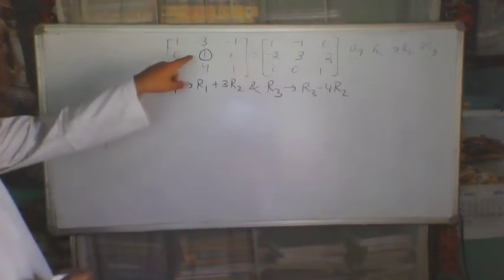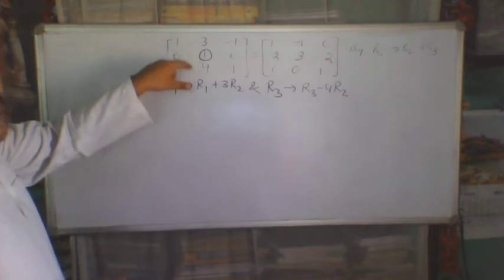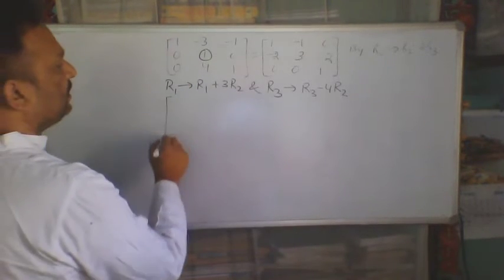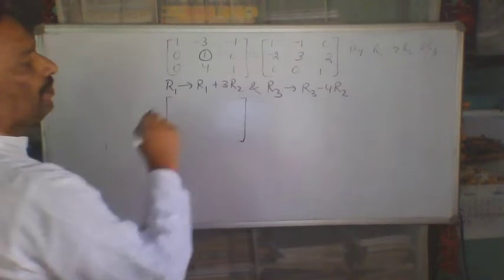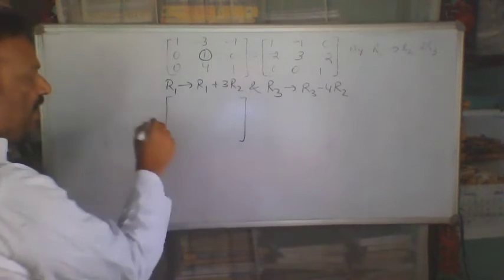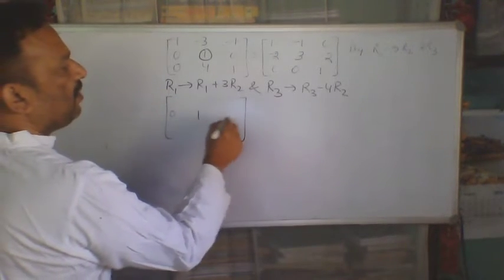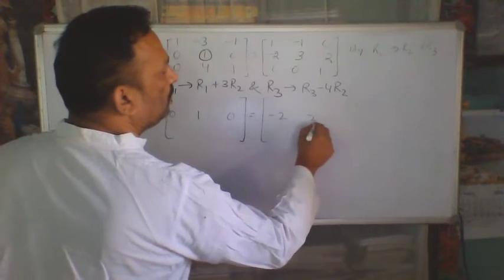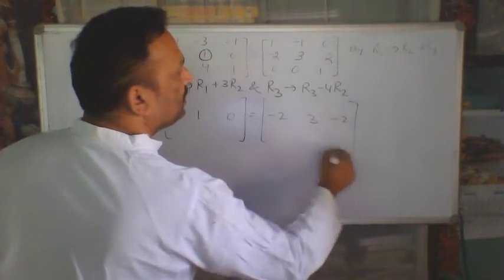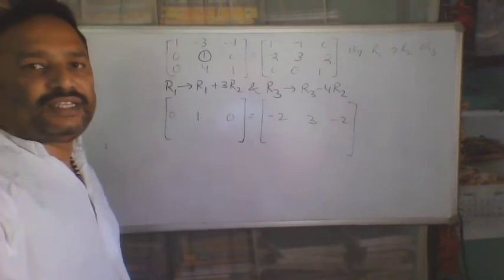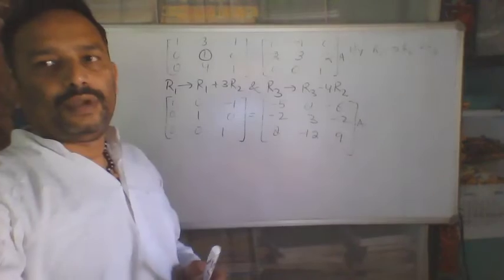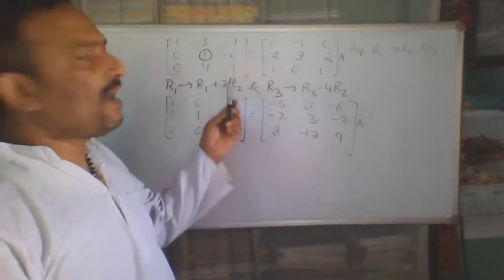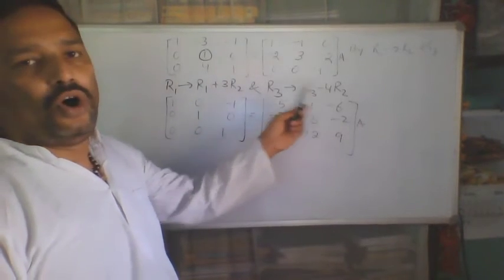So with the help of this one, we will make the other two elements of this column 0. So let us operate. R2 will remain the same because it is not changing, and the others will change according to the operation. So we obtained this matrix after using these two operations.